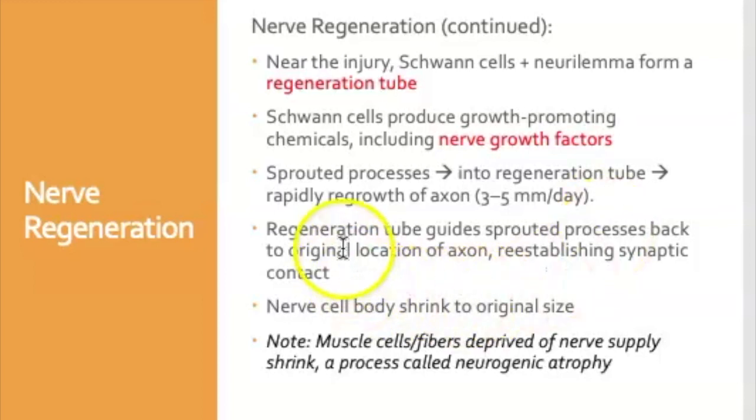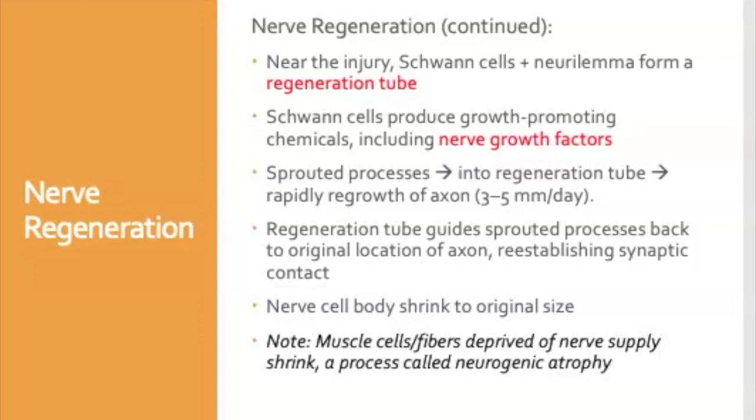The regeneration tube structure is going to guide these newly growing sprouted processes back to the original location of the axon. In other words, they're going to direct them where the rest of the axon used to be.